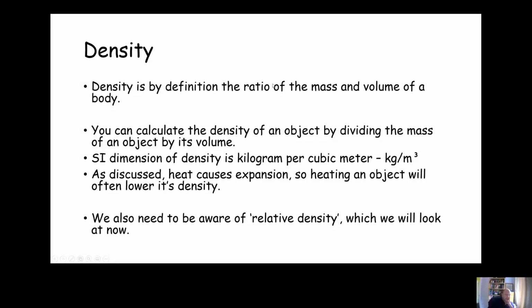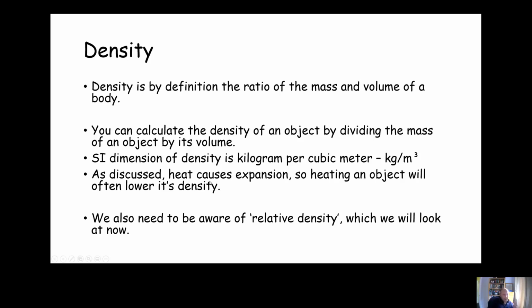Now we're going to look at density. Density is by definition the ratio of mass to volume of a body, and you can calculate the density by dividing the mass by its volume. The SI measurement for density is kg/m³, kilograms per cubic meter.